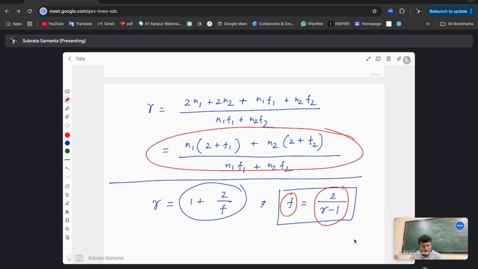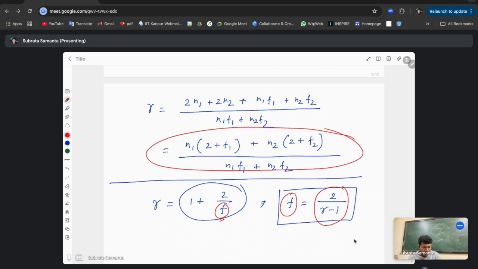The total degree of freedom in the mixer is what I want to calculate. No, f is not n1 f1 plus n2 f2, that's why I'm saying. So f is the degree of freedom that I want to compute for the mixer.